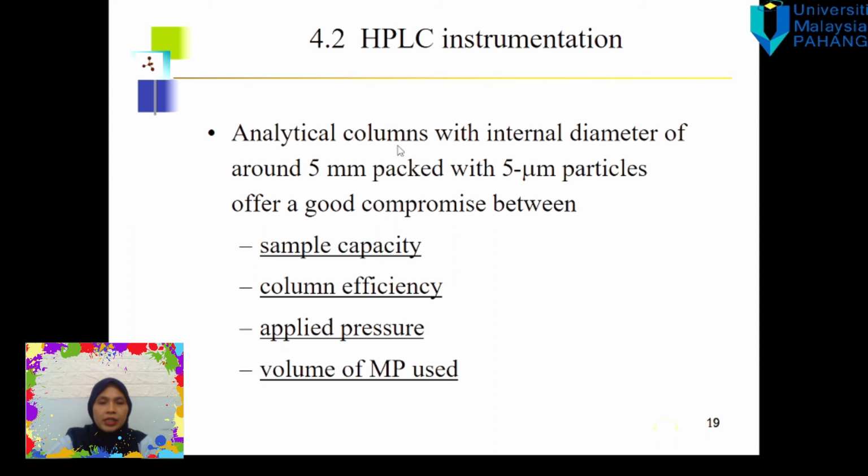Mostly an internal diameter of around 5 mm packed with 5 micrometer particles, because they offer a good compromise between sample capacity, column efficiency, applied pressure, and volume of mobile phase used. That's why analytical columns are normally in this size range.